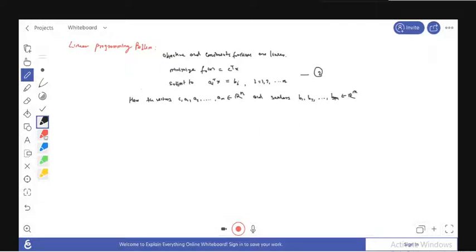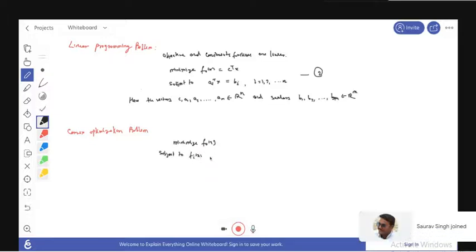Another type of problem is the convex optimization problem. It is defined as: minimize your objective function f naught of x, subject to the constraints fi of x less than or equal to bi, where i varies from 1 to m.